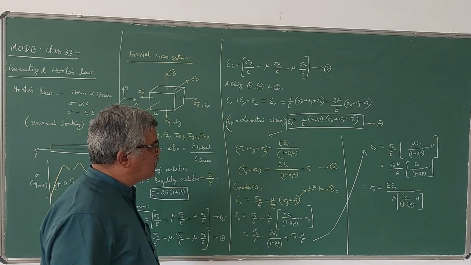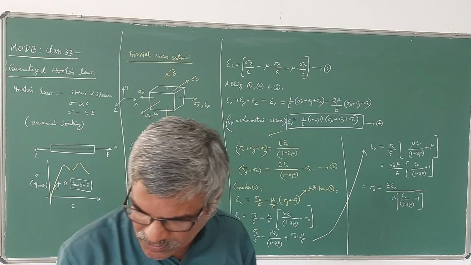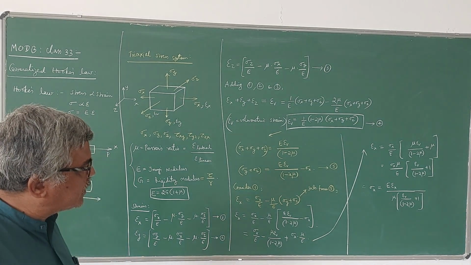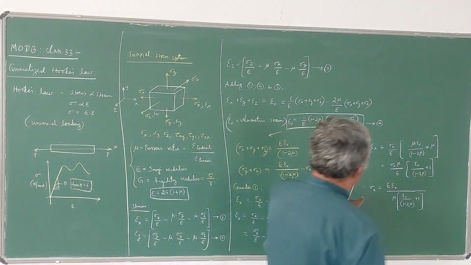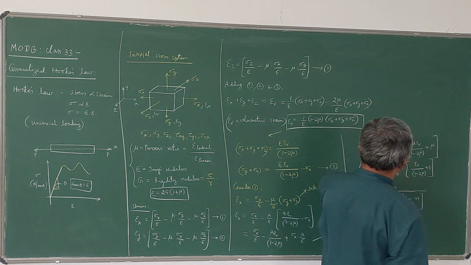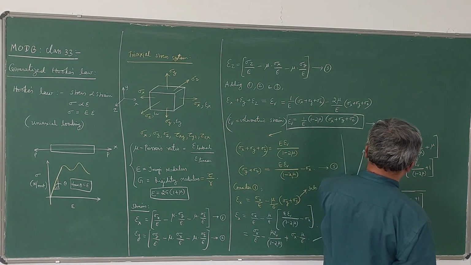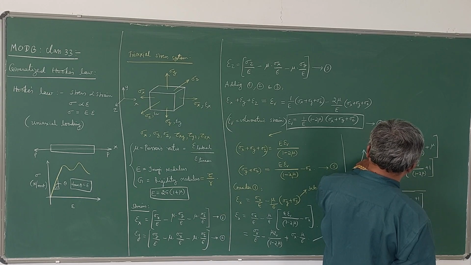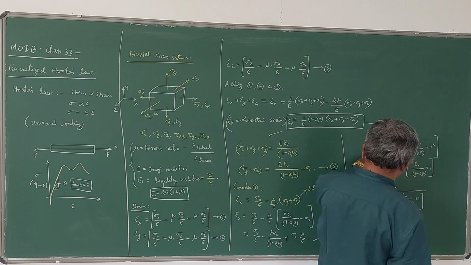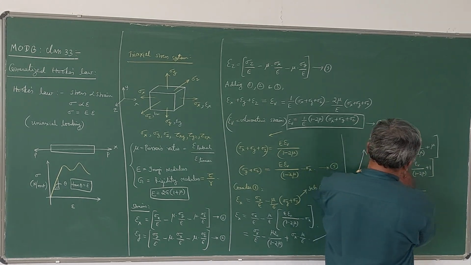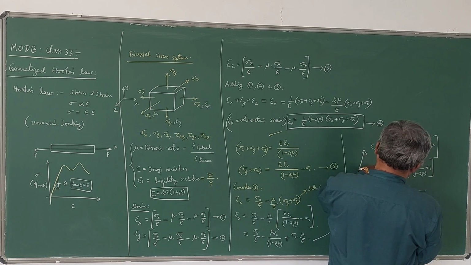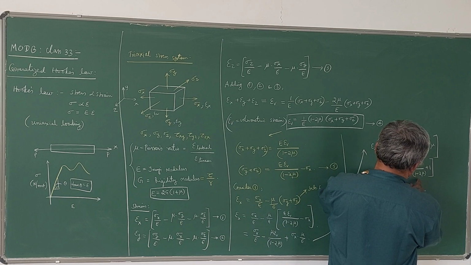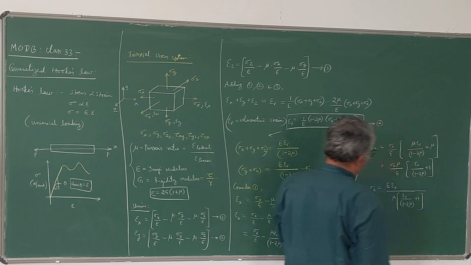So that 1 minus 2 mu I can always take to the numerator. Sigma x is equal to E into epsilon x divided by mu times epsilon v by 1 minus 2 mu plus 1.